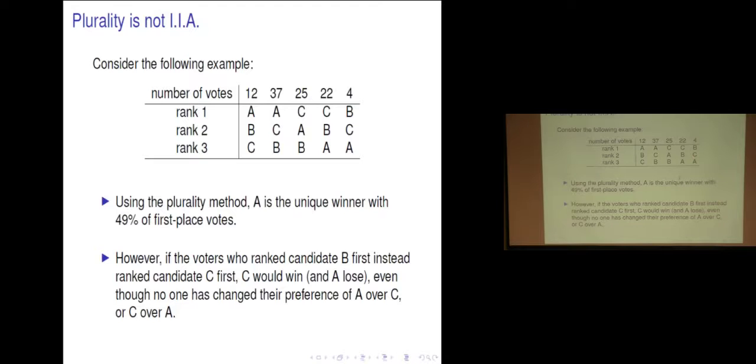But this flip of B and C doesn't change A, so it shouldn't affect whether A wins or not. We only change B and C. This is an irrelevant alternative, but somehow it can change the result. So plurality fails the so-called IIA.